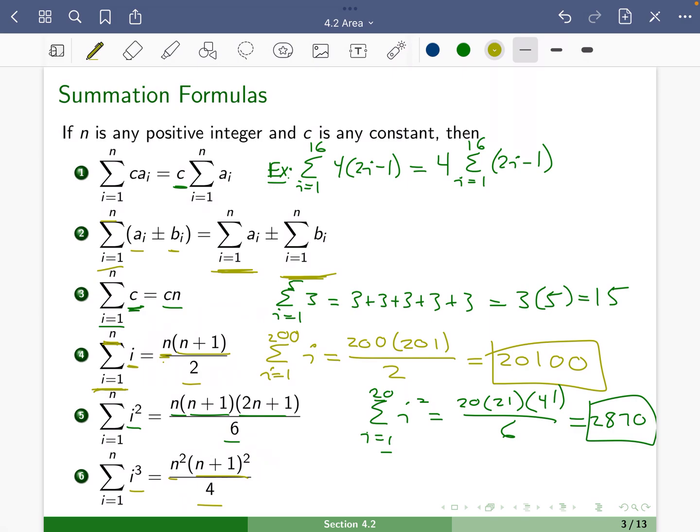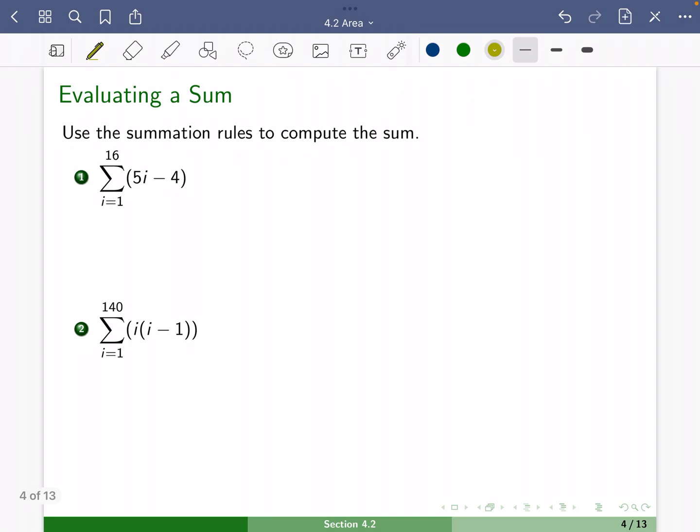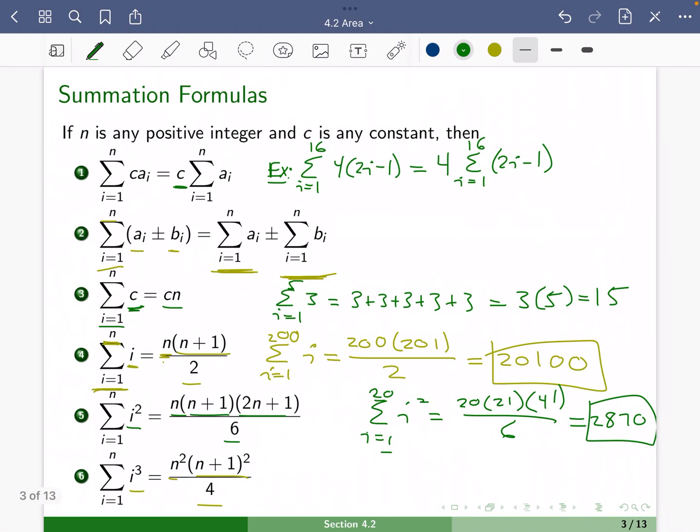So let's look at a couple examples where we are going to make use of these summation formulas. All right, so here we have an example. We have a sum from i equals 1 to 16 of 5i minus 4. So we could split this up between that subtraction and call it a sum i equals 1 to 16 of 5i minus the sum i equals 1 to 16 of 4. Right? So there we are using the second summation formula.